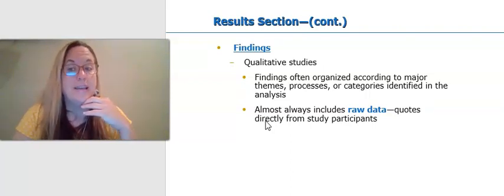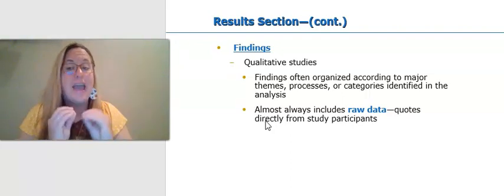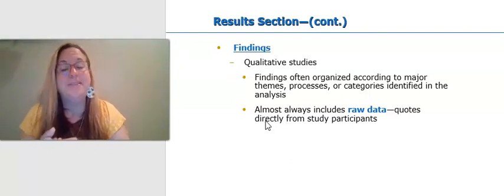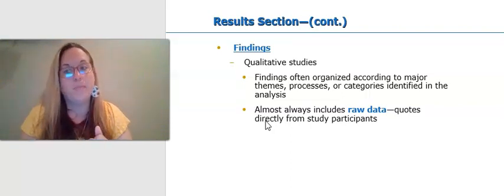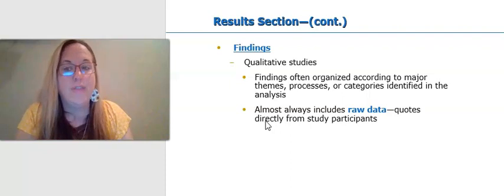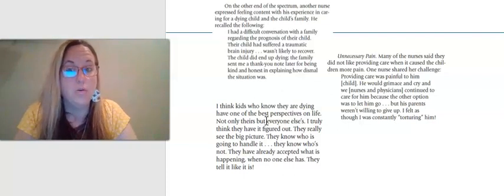What you will see is quotes from the participants. That's called raw data. That's the actual words that the participants said in their interviews or in their diaries or focus group sessions, however they collected data. So here are some snapshots of an actual qualitative research study article.